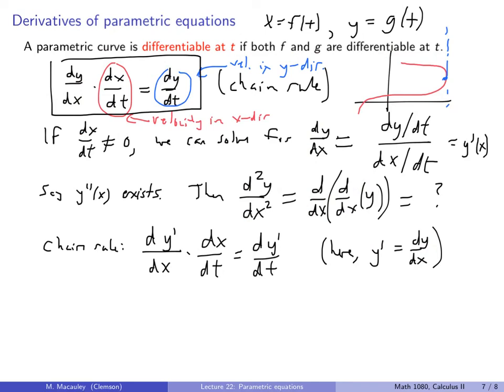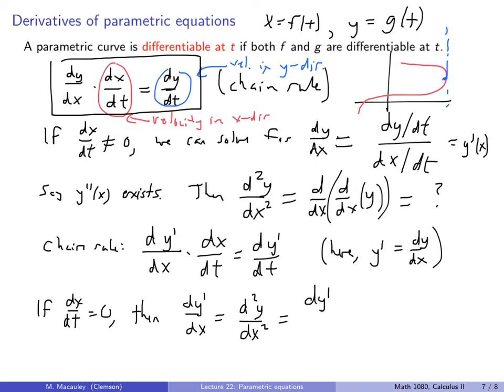Same thing as before: if dx/dt is not 0, then d y prime over dx, which is really d squared y over dx squared, the second x derivative of y, is just d y prime over dt over dx over dt.